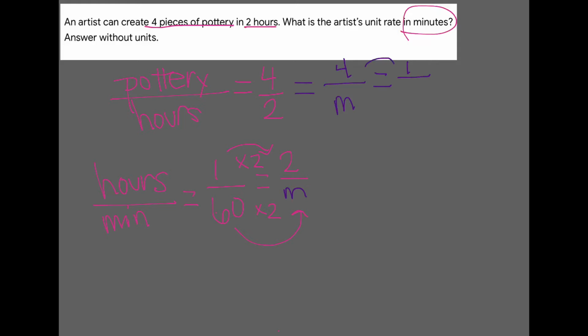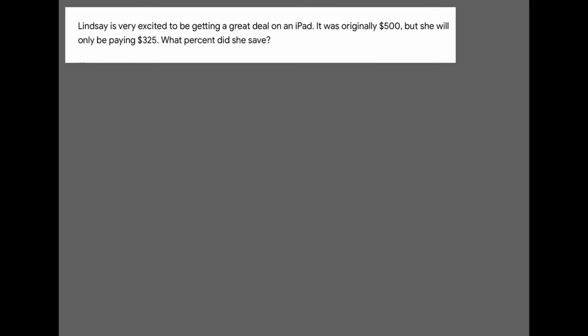So we're going from a 4 to a 1. That means we're dividing by 4. We need to take our minutes that we got here and divide it by 4. And that's going to give us our answer that we put in the blank. It says answer without units, so you're only writing the number.